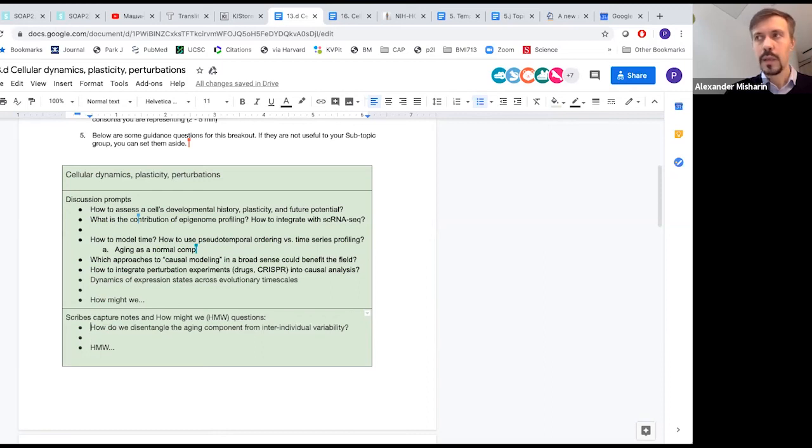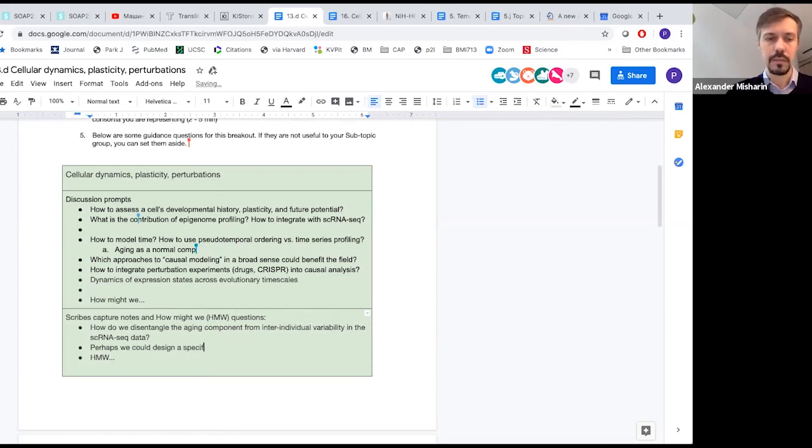So maybe one aspect of modeling normal human aging is designing the specific cohorts, because not everyone ages at the same rate. You may have a healthy 60 or 70-year-old individual who does weightlifting and mountain climbing, and you can have fairly not healthy, chronologically young individuals. So when we design those cohorts, we probably need to take biological age into account.